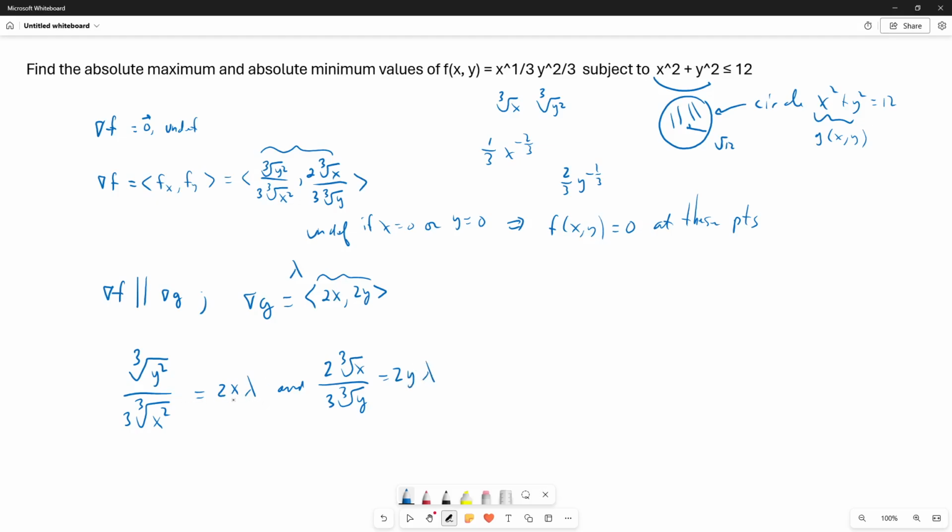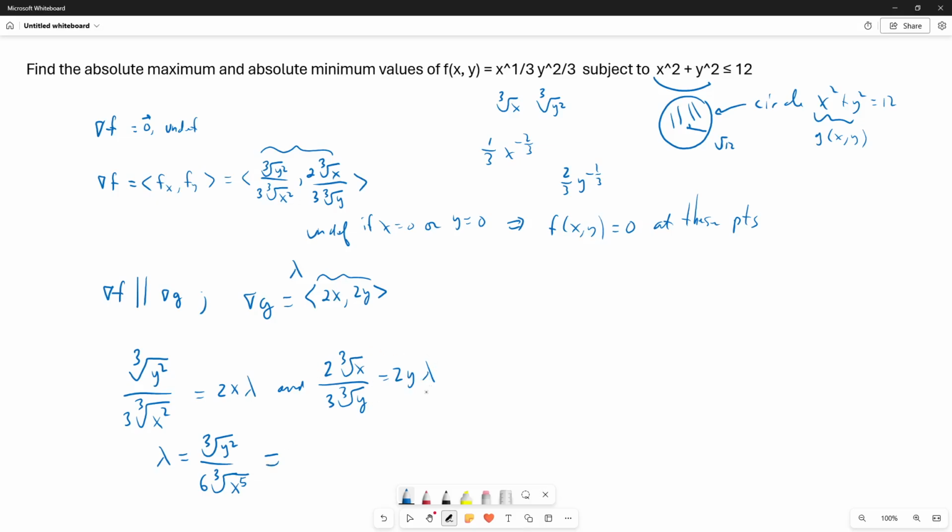Let's solve both of these equations for lambda and then set those two expressions equal to each other. So in the first case, lambda is equal to, we'll divide by 2x, so the numerator stays the same and we put the 2x on the bottom, so 2 times 3 is 6, and this is x^(2/3) times x, which makes x^(5/3).